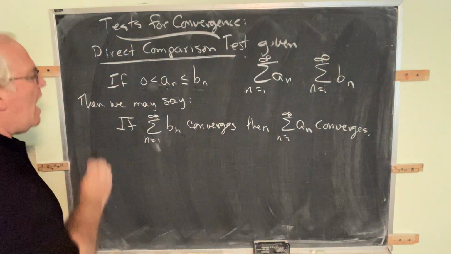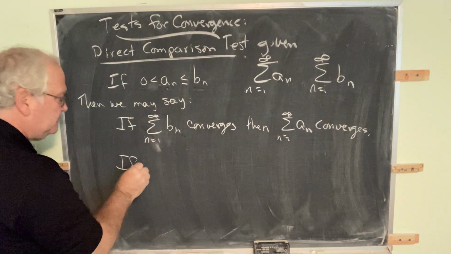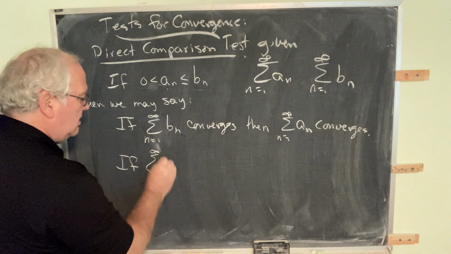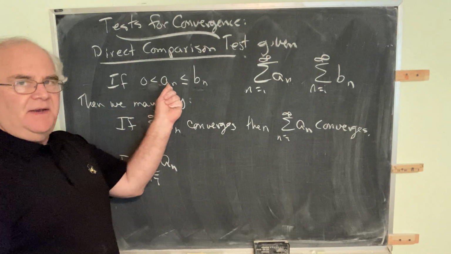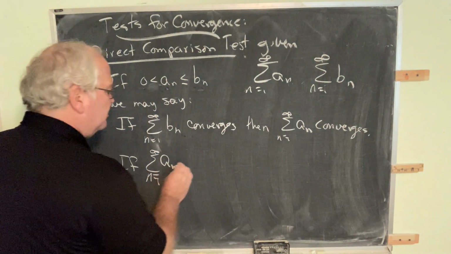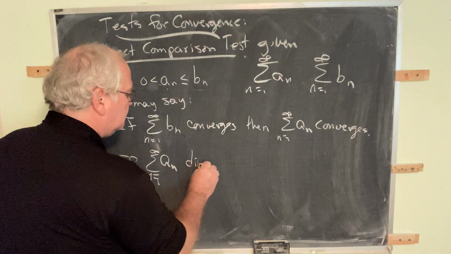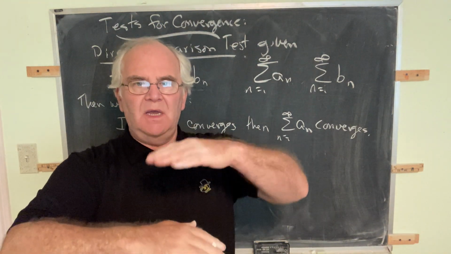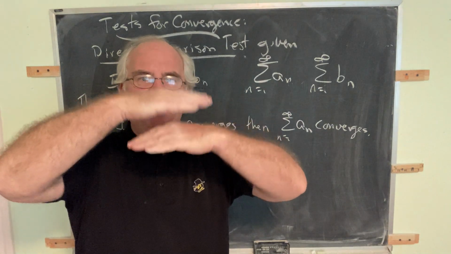All right? On the other hand, it says this. Suppose a_n is a series whose behavior you know, suppose a_n diverges. What does that mean? Okay, here's 0, the hard floor. Here's a working here somewhere, and b is always above it.